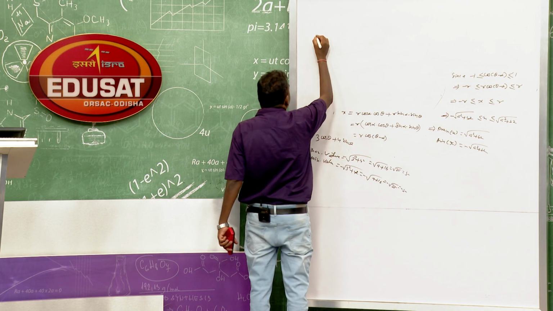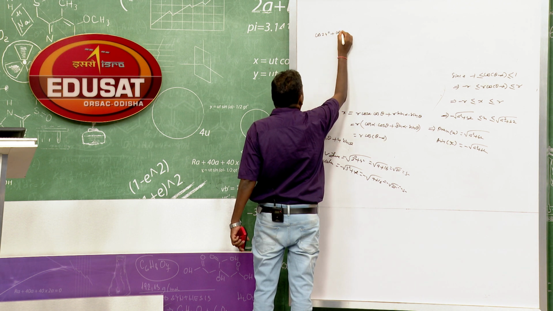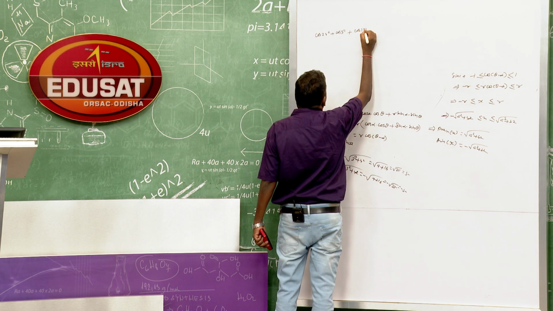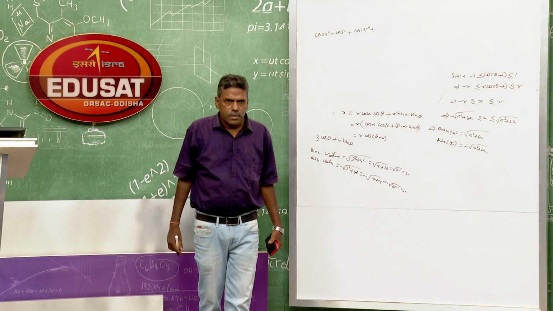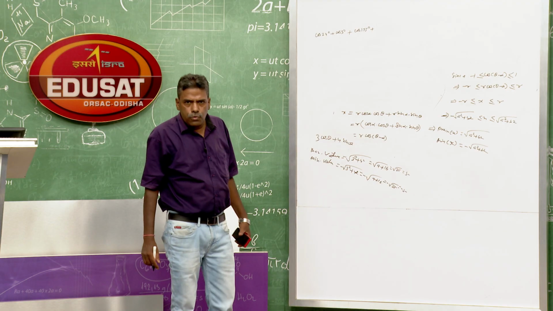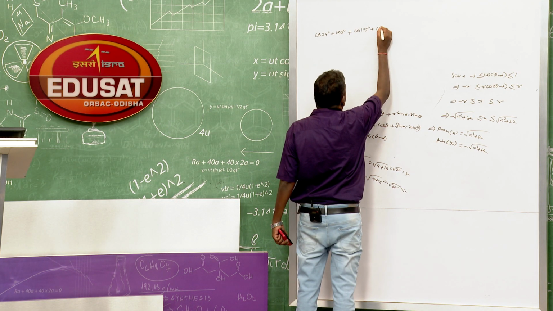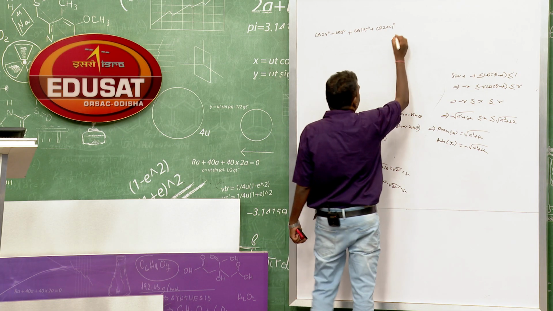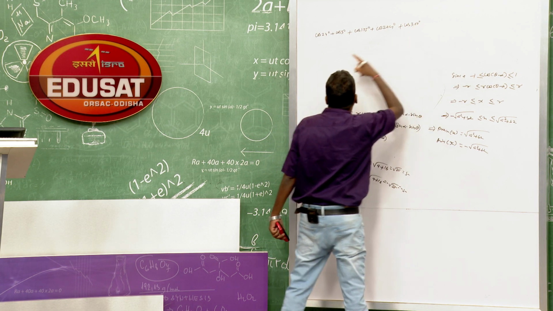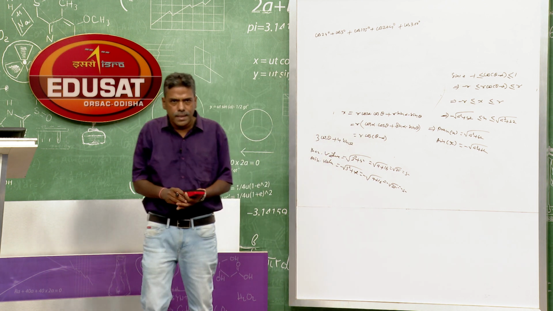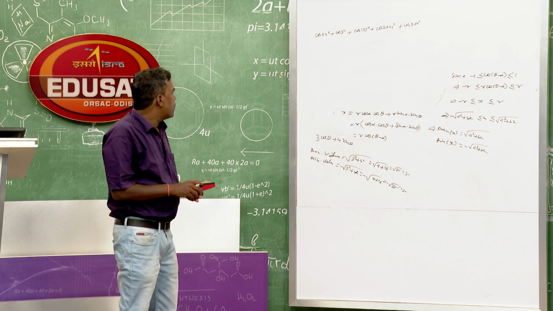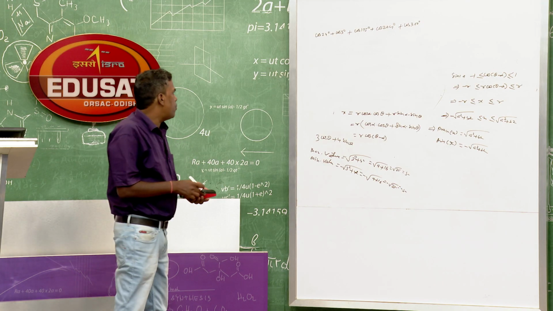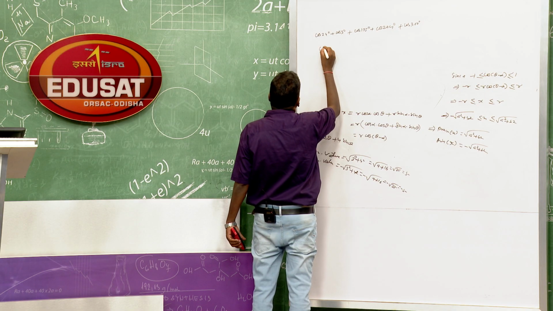So, what is the value of this? Find the value of cos 24 degree plus cos 5 degree plus cos 175 degree plus cos 204 degree plus cos 300 degree.